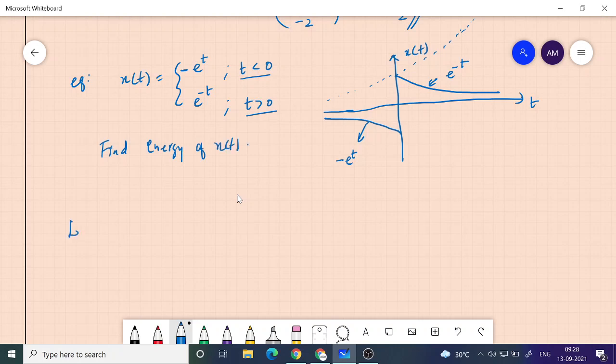So the energy of x of t is equal to, the formula is, minus infinity to plus infinity, take the modulus of x of t if you have negative values, and then square it, dt.